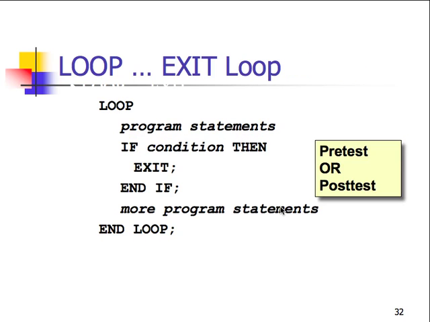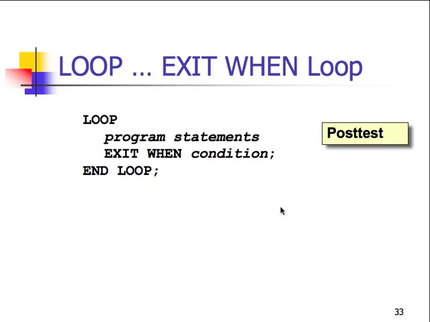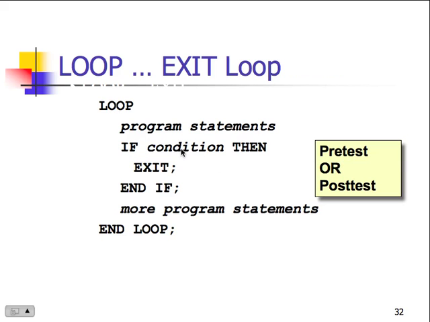Here we can run it both ways. Here we have a post-test where we loop, and then we end the loop if we exit out. So either we run constantly, or we have an exit when some condition occurs. So the exit when is controlling the loop, and then we have here the condition, if a condition, then exit, that's basically done in a loop.